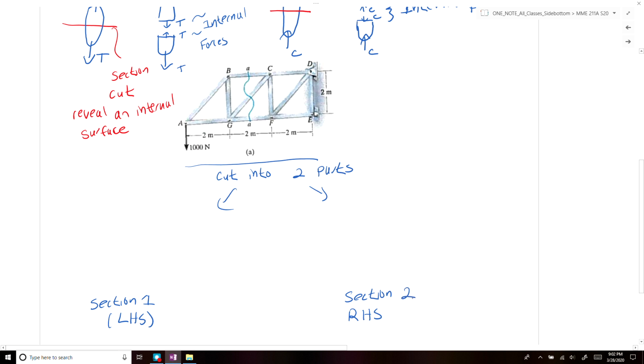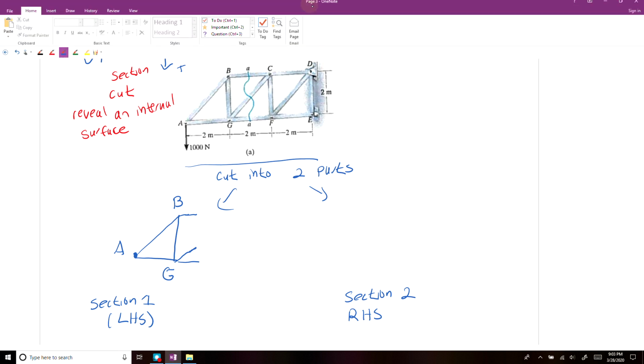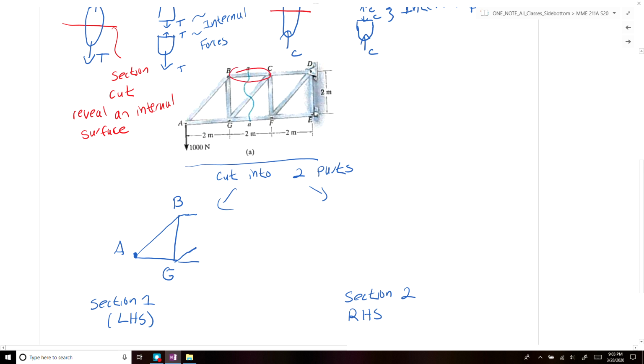The first section will look like this: we'll have joints A, B, and G, and then we'll have our three members BC, CG, and GF, which our section cut A-A went through.